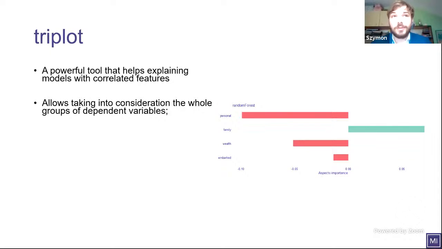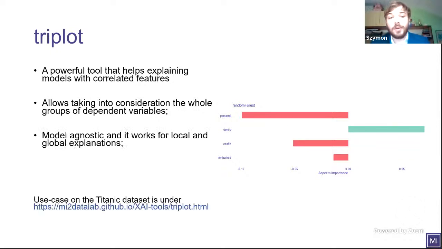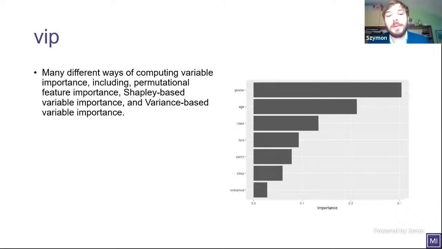And instead of two highly correlated features, we have one aspect that acts as one variable, removing the issue of correlated features in the dataset. And what's even more amazing is that the approach works for local and global explanations.